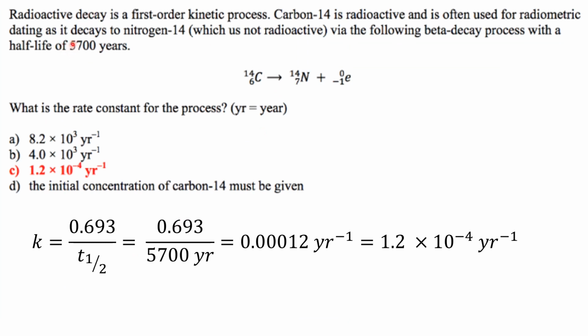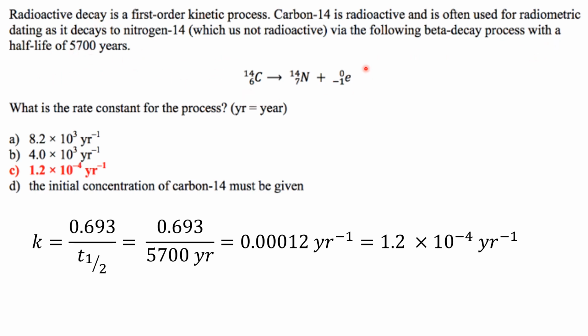The question here is that radioactive decay is a first order kinetic process, and carbon-14 is radioactive and often used for radiometric dating, as it decays to nitrogen-14 via the following beta decay process with a half-life of 5700 years.